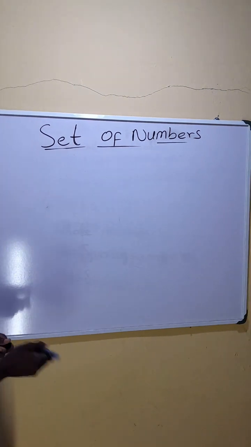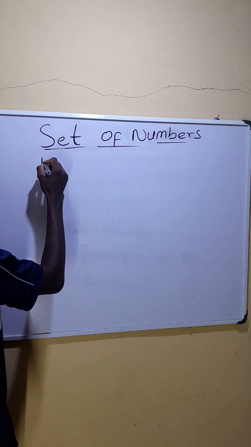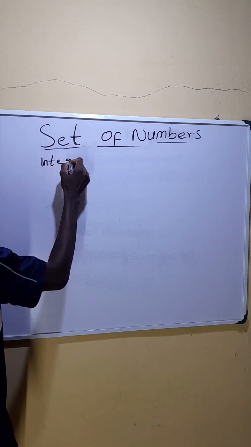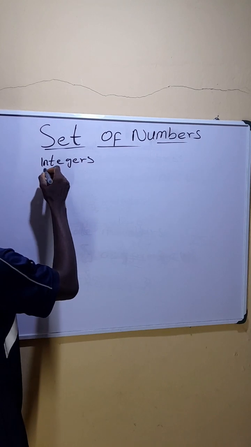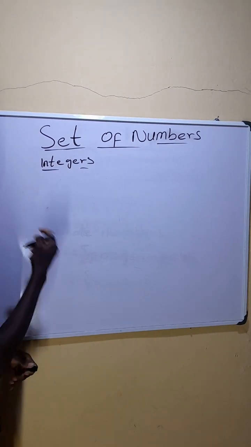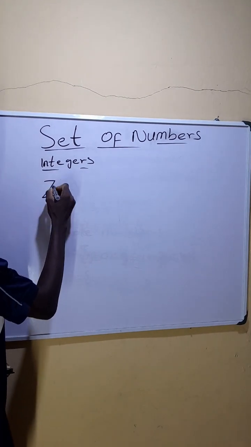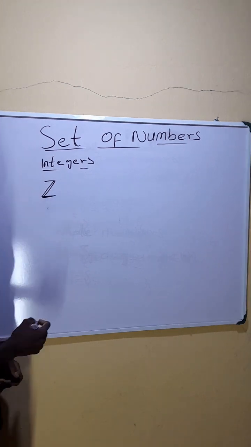Another one we have here is called integers. For integer, we use Z to denote integer.